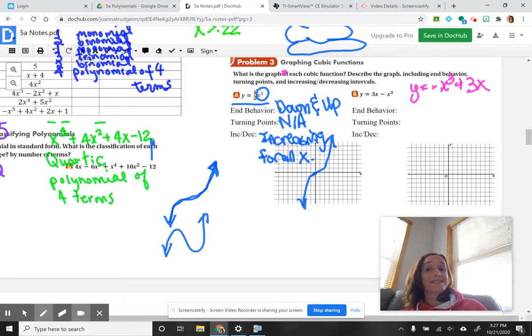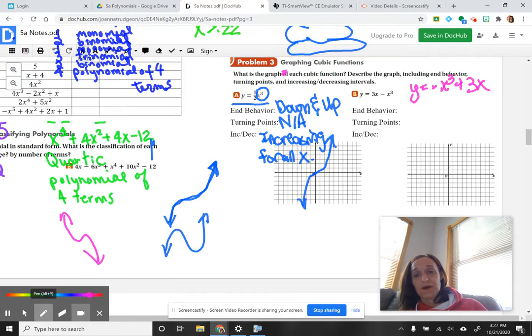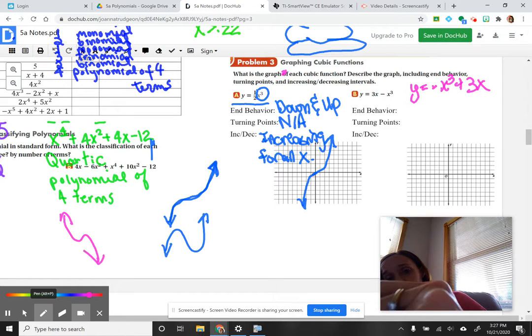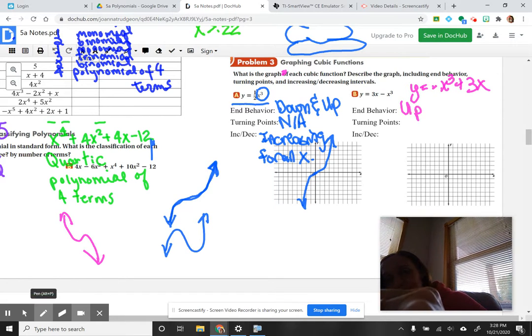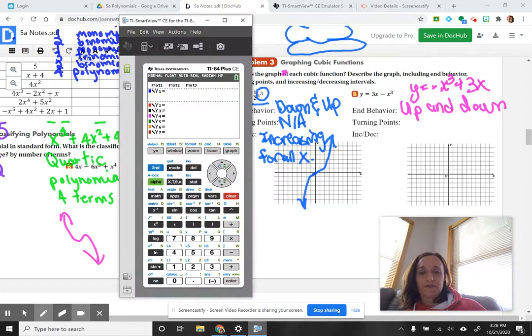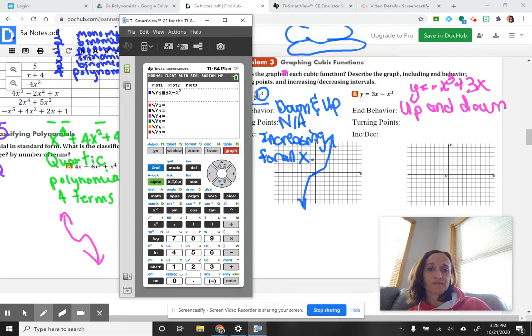The leading term is negative, and it's an odd function, so it should be something like this, because it's like a line with a negative slope, and it will be up and then down. So I think I'm going to just be able to say this right now. Up and down. I will graph it though, just to see. And I'll graph it the way they wrote it rather than the way I changed it, just in case I was wrong. It's always better to start with the original when you're doing something like that.